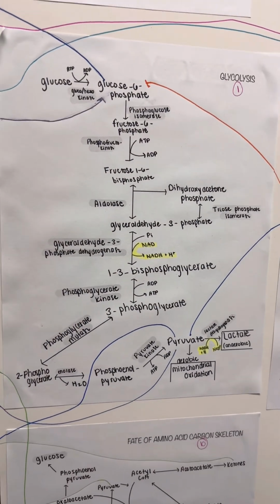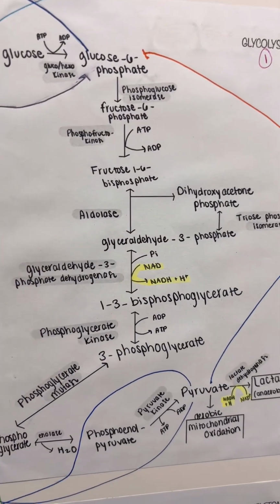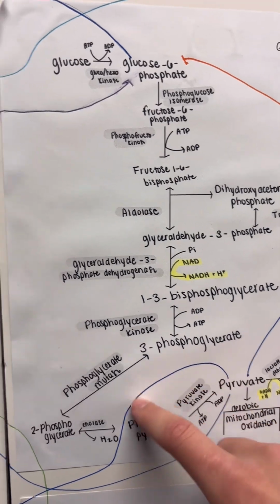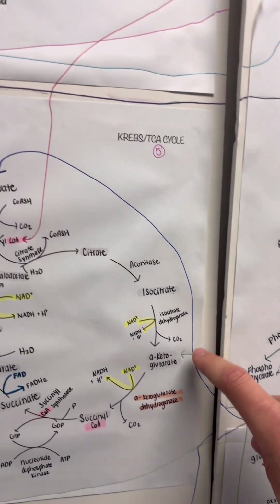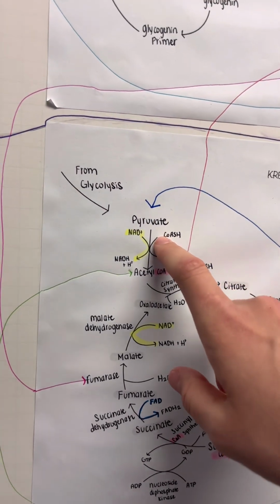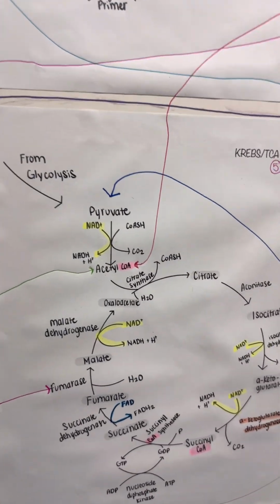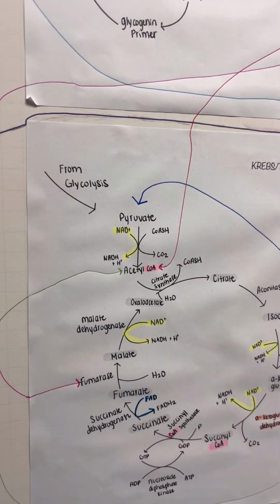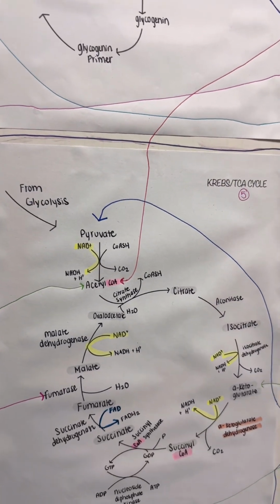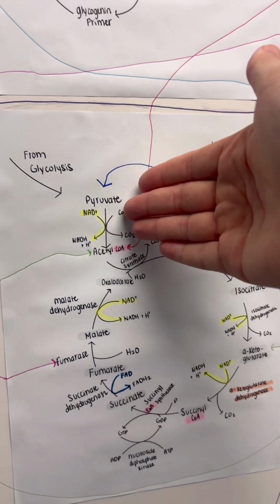And then also with pyruvate, we have it connected, follow the blue line, to pyruvate in the TCA cycle, and that's pretty self-explanatory. It's made in glycolysis and then it can be used in the TCA cycle.